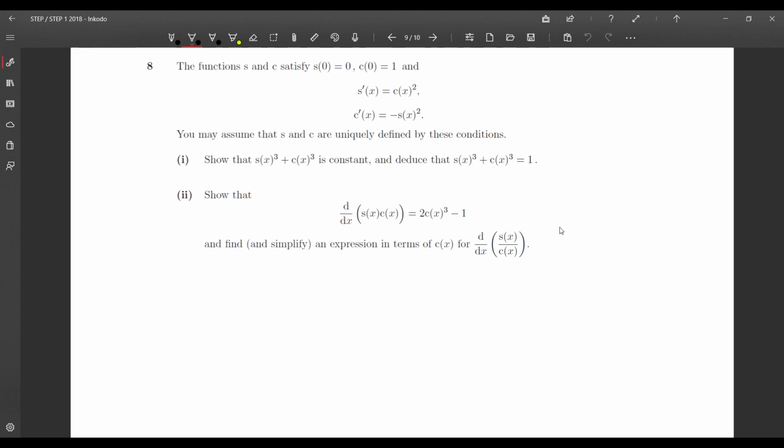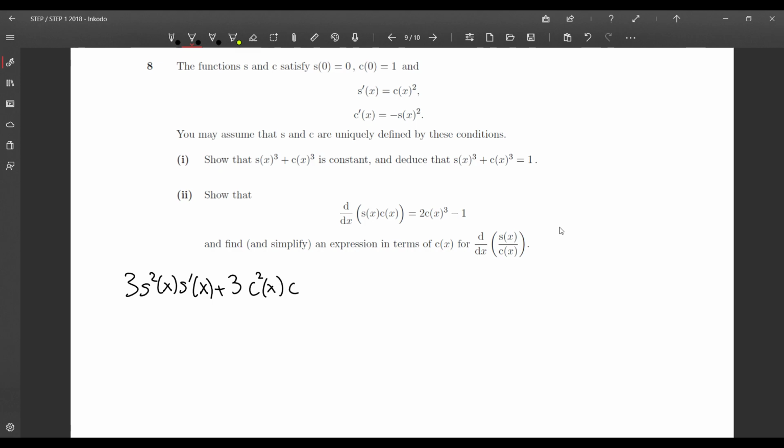Okay, so the functions S and C. Show that, okay, so we want 3. Oh, why does it feel like my writing is big all of a sudden? So we have 3S, 3C square root of x.